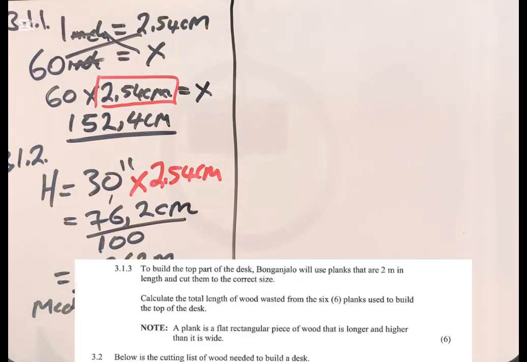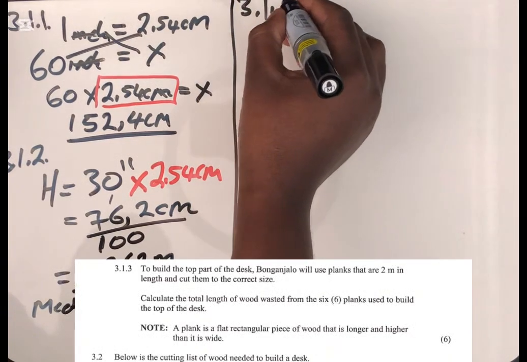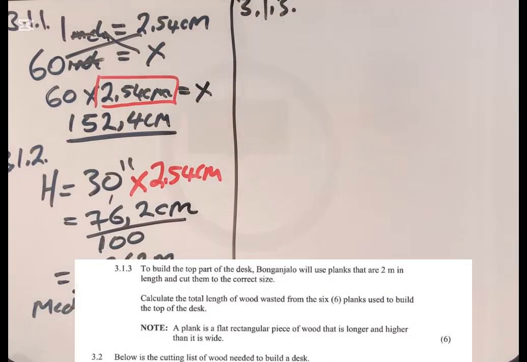Moving right along, 3.1.3. It says that to build the top part of the desk, Onjabulo will use planks that are 2 meters in length and cut them to the correct size.